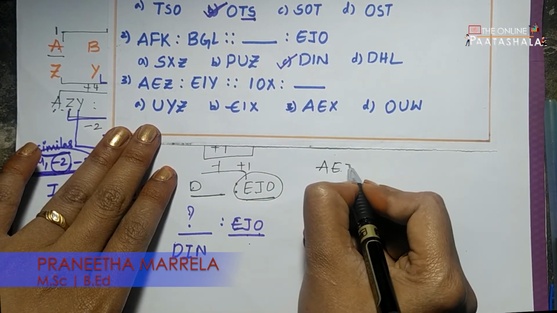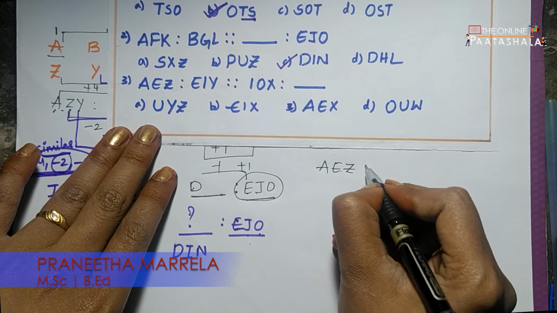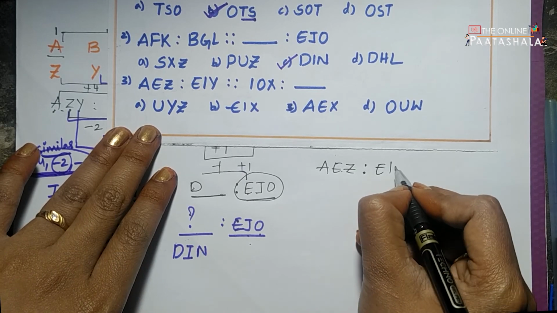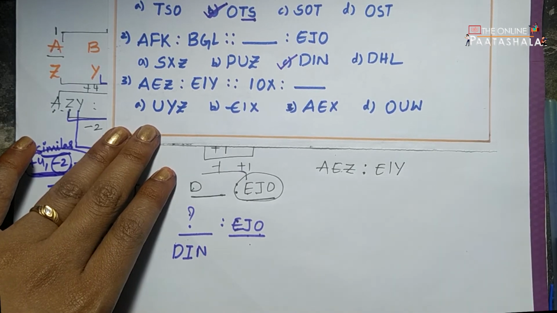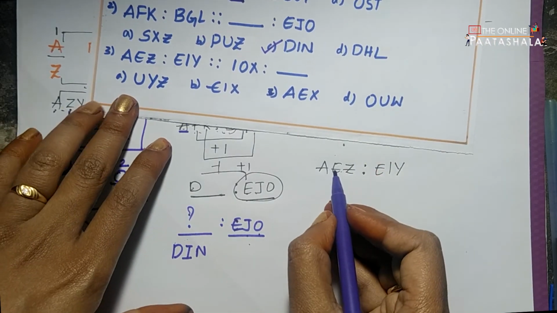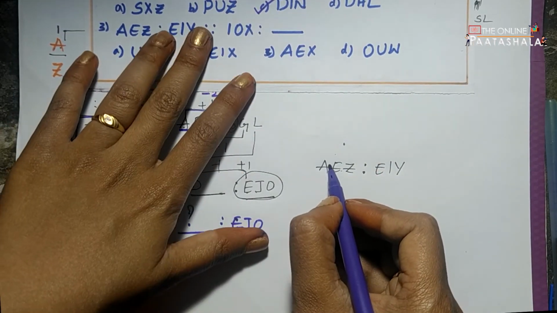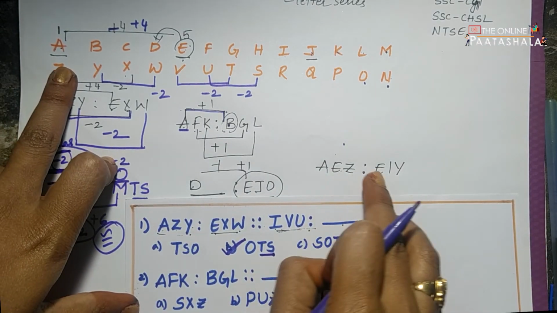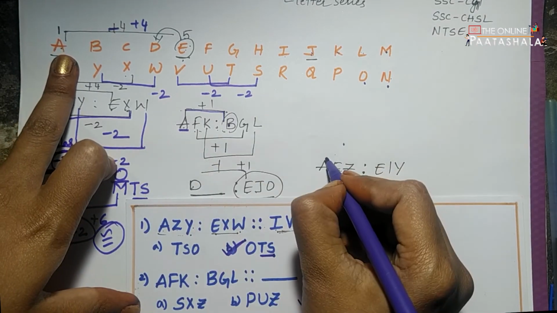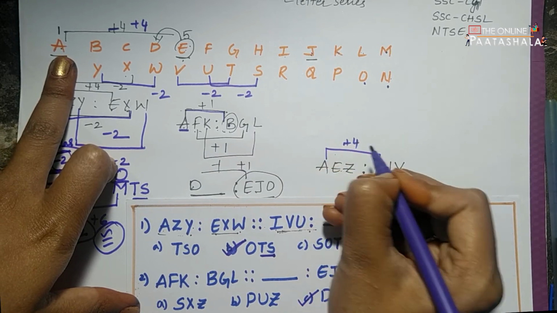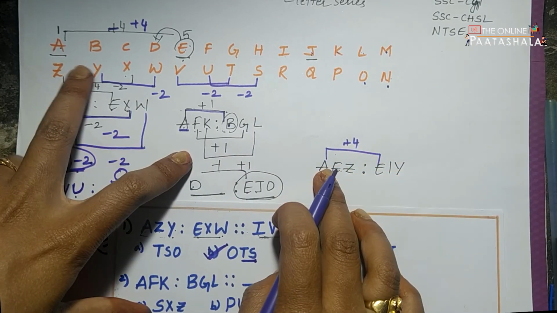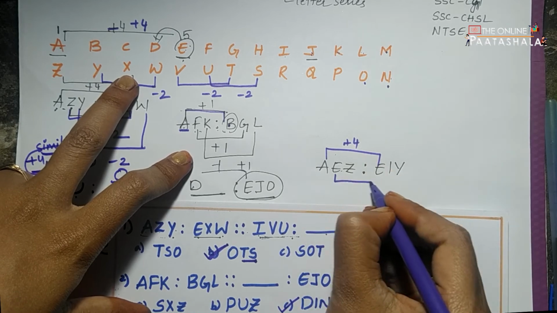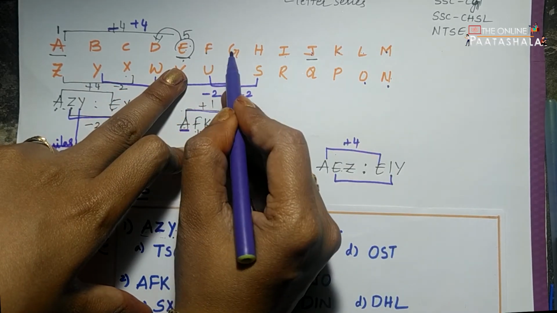Right? Now we will see what is the question given here. A, E, Z, which will be showing as I, E, I, Y. How is it showing? A, when it is getting E, if you add plus 4, you are getting E. Now E and I, what is the relation between these two? 1, 2, 3, 4.